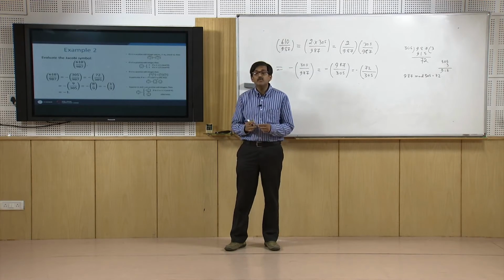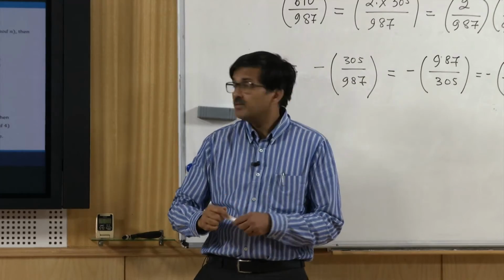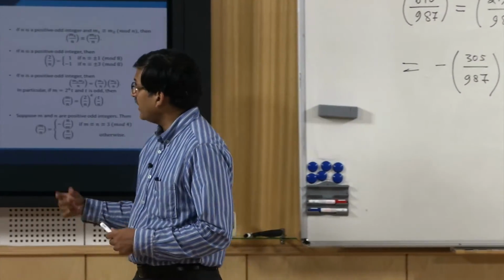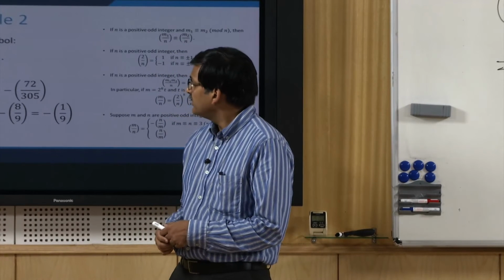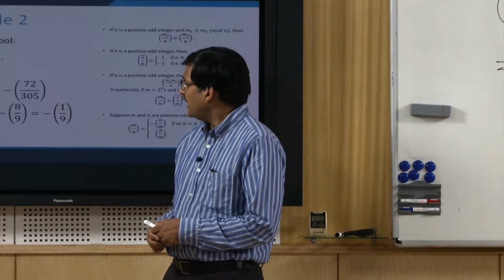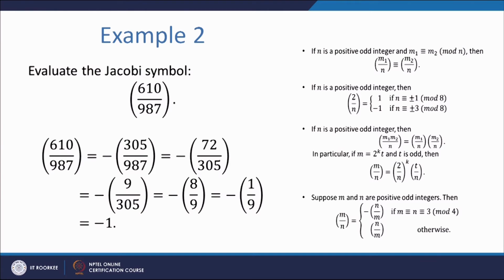We see that 72 is an even number, and therefore, we can divide by 2. So, we know that 8 into 9 is 72.